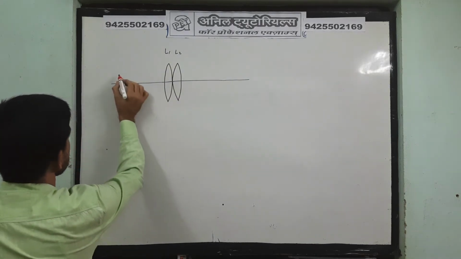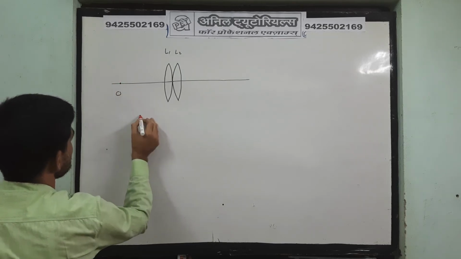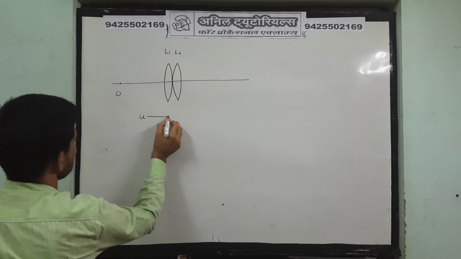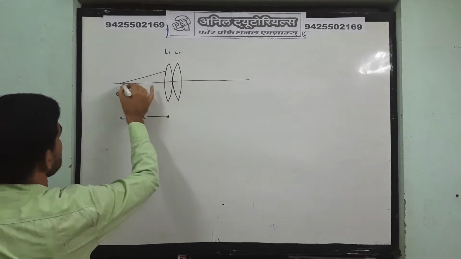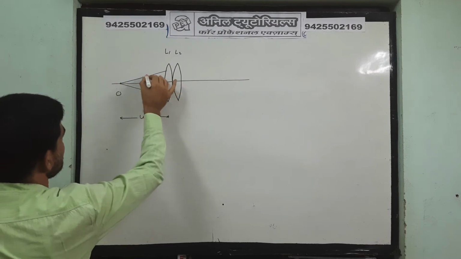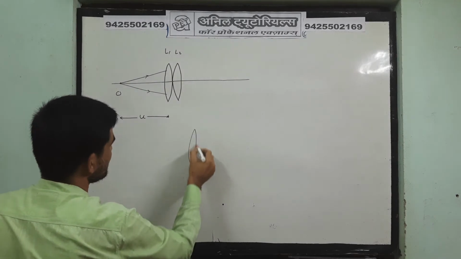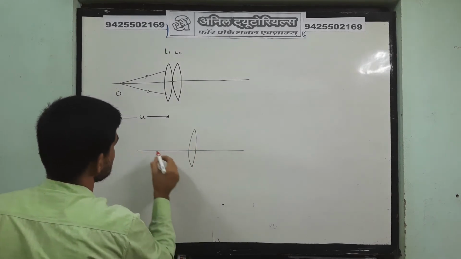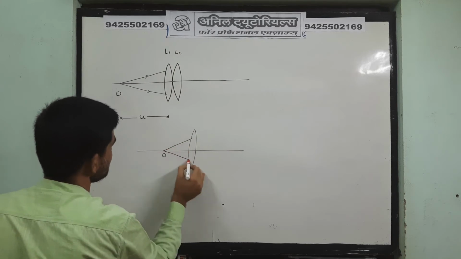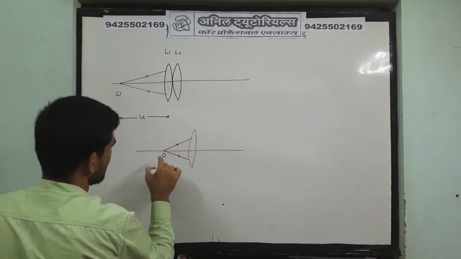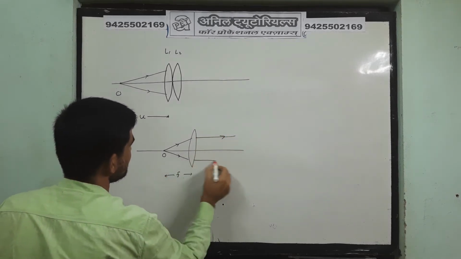Clear? So one object is kept at this position, say u distance from the combination of the lenses, and we will take two rays from this. Generally, if you are taking a convex lens and we have the object at O, when you take the rays, if the object is at F, the rays become parallel.